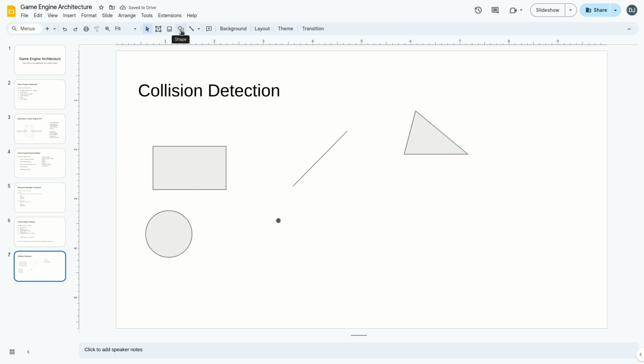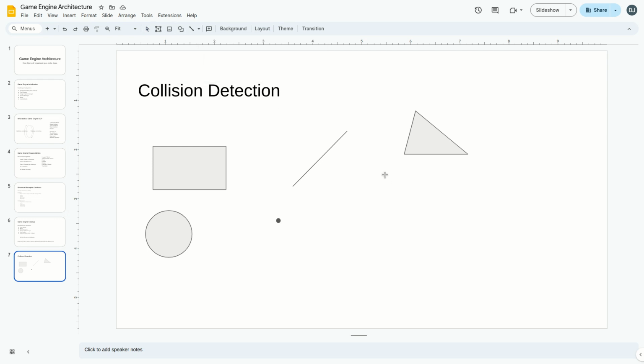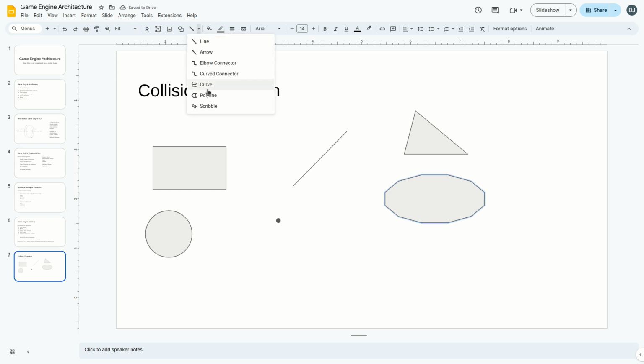And we have even more complicated shapes, like a 12-sided polygon, or perhaps a polyline, an arbitrary shape.